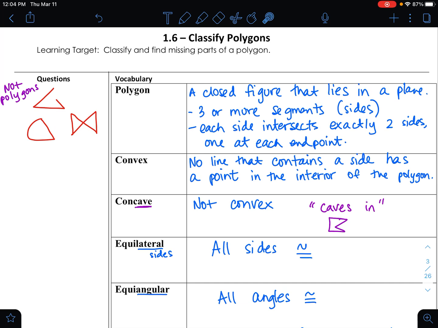Okay, convex versus concave. Let me start with concave, and this is, actually, let's start with convex. The formal definition says no line that contains a side has a point in the interior of the polygon. So, for example, if I were to draw a convex polygon, I'll just draw something that looks like this.